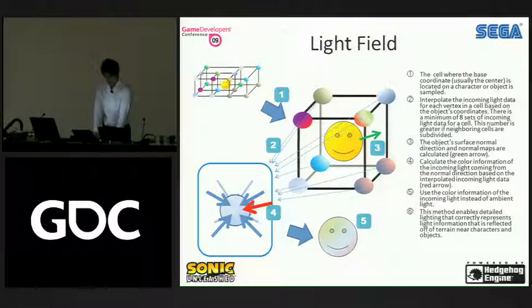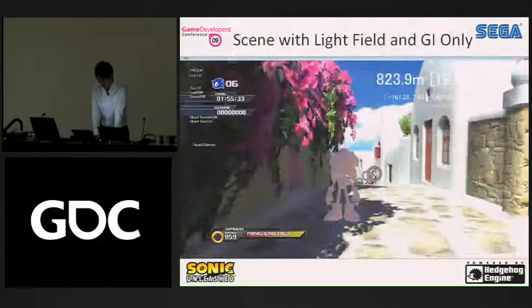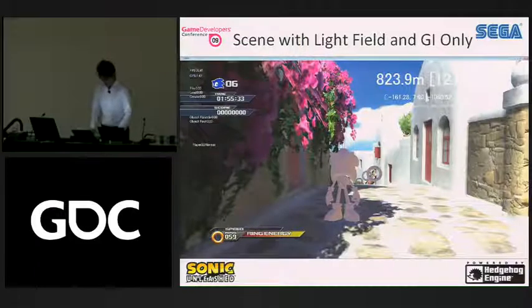And based on this, the color information is calculated. That's the red arrow there. That's number 4. Calculate the color information of the incoming light coming from the normal direction. And then we use this color information of the incoming light instead of ambient light. This method enables detailed lighting and correctly represents light information that is reflected off of a terrain near characters and objects.